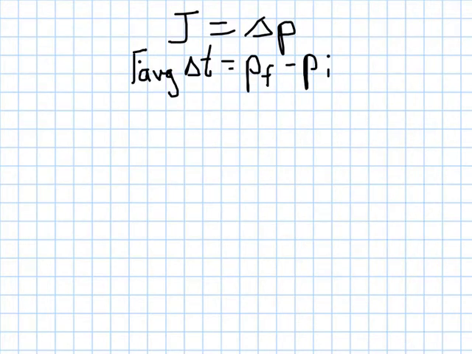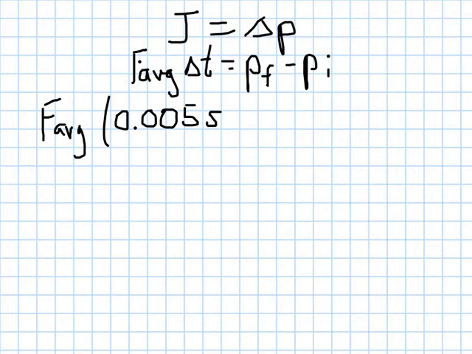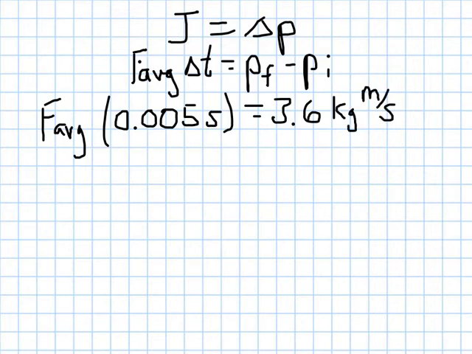So let's package all this up a little bit more neatly. So here's our impulse momentum equation. Let's put the numbers where they belong. The average force, I don't know. I'm trying to figure that out. But the time was 0.005 seconds. And then the final momentum was 3.6 kilogram meters per second, and the initial momentum was 0, so we don't have to put that in there.